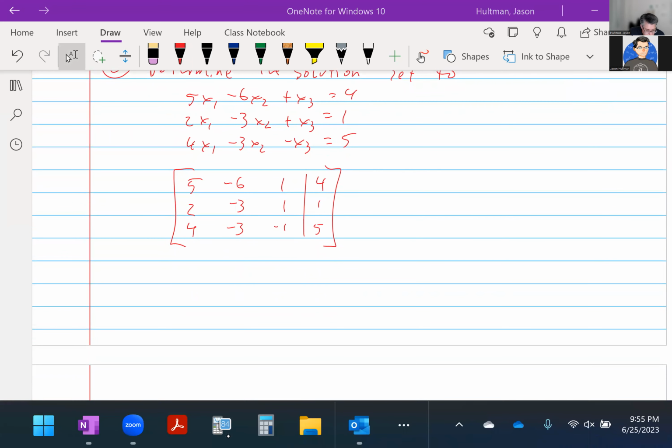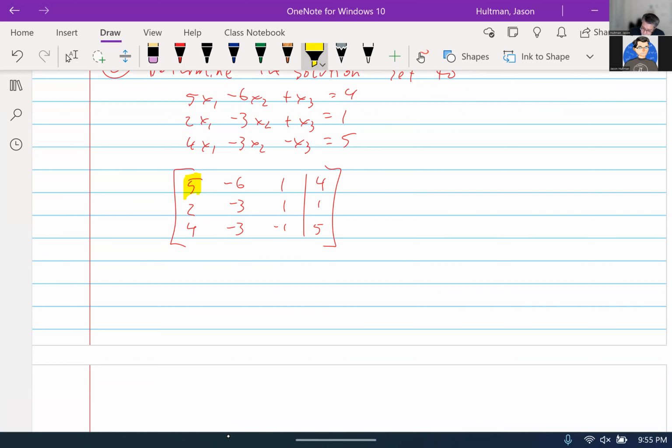So I'd like to get a 1 in the first row, first column position. And so in order to get a 1, I'm going to multiply row 2 by -2 and add that to row 1 and replace row 1 with that. So let's do that.